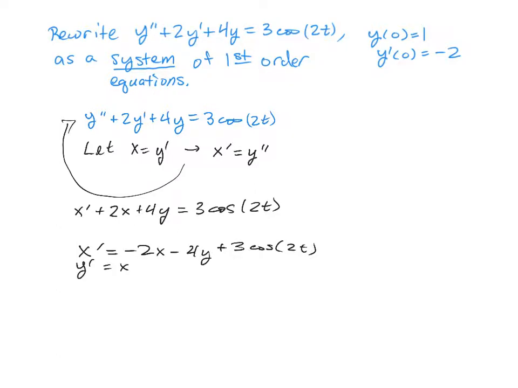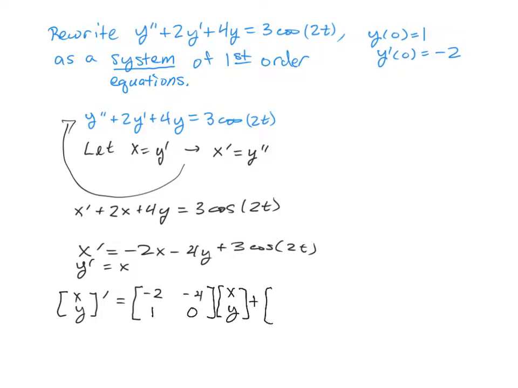We can now rewrite this in matrix form as the vector (x, y) prime is equal to a 2 by 2 matrix of negative 2, negative 4, positive 1 and 0, times the functions x and y, plus a 2 by 1 matrix which has 3 cosine of 2t and 0 as a placeholder.